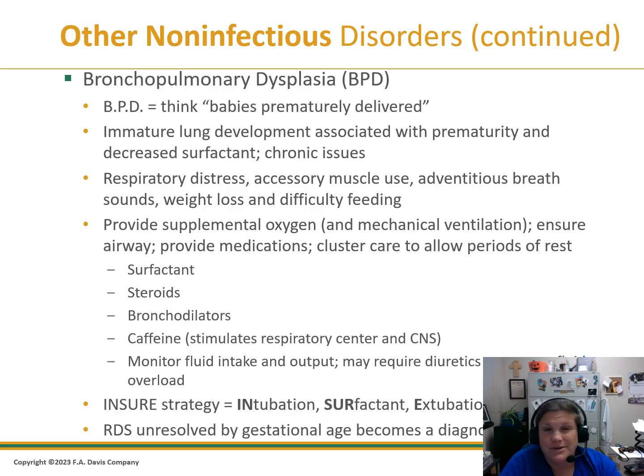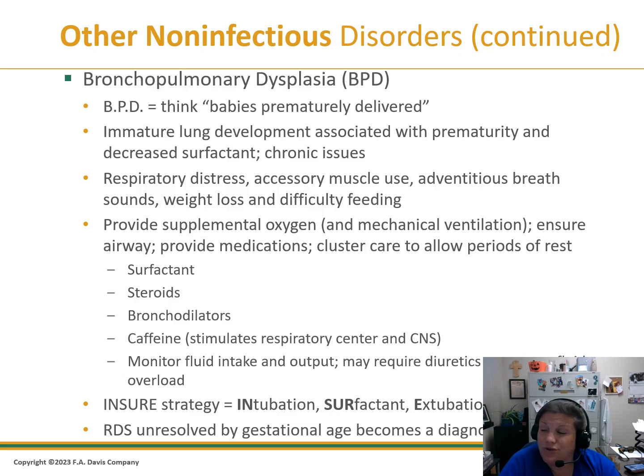So those meds could be anything from surfactant to steroids to bronchodilators, even caffeine, which we're not talking about like giving the kid a Coke or a shot of espresso, but there's medication caffeine, which helps to stimulate the respiratory center and the central nervous system and improve the breathing abilities of the child who has this particular diagnosis.